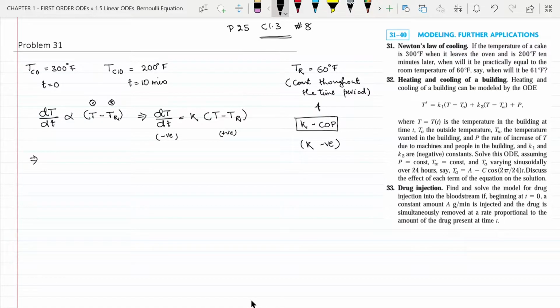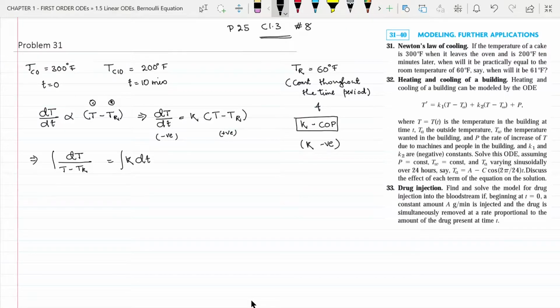So let us separate the variables, the dependent variable capital T and the independent variable small t.